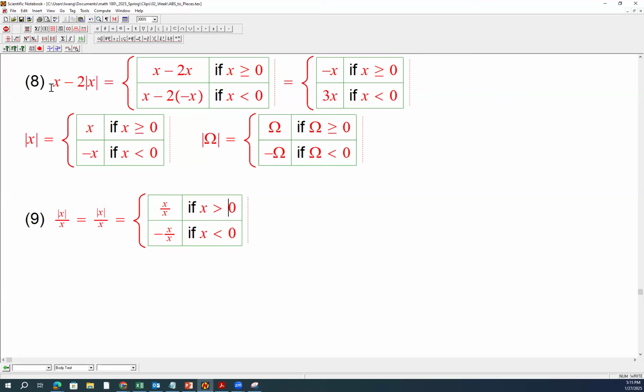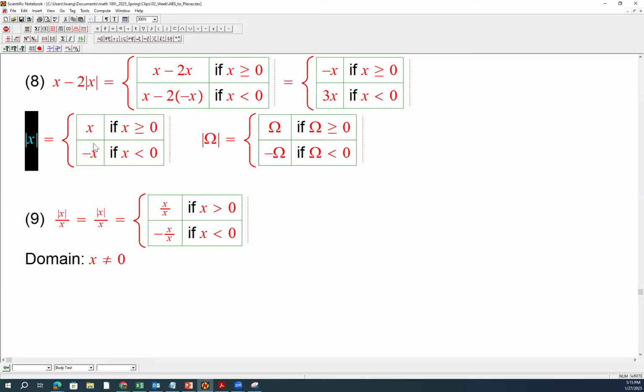Then you say, how about number 8? In number 8, we don't have such an issue. The domain is all real numbers. In number 9, we have x in the denominator, therefore x cannot be 0. All right, so you can see the process, right?